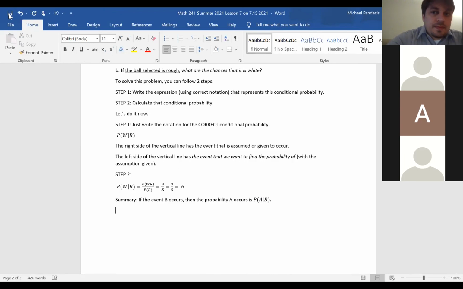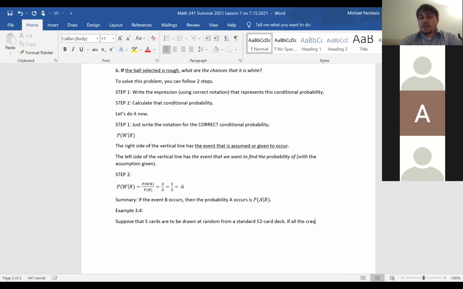No? Good. Okay, so example 3.4. Suppose that 5 cards are to be drawn at random from a standard 52 card deck.